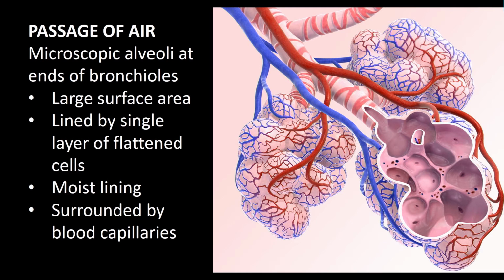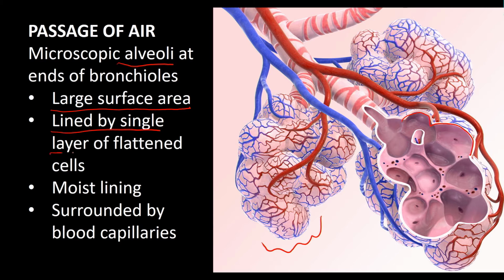Then the air ends up in these little things here, which look like a bunch of grapes. Those are the alveoli at the end of the bronchioles. And the alveoli have got a folded surface so that it enlarges the surface area, remember, to absorb more oxygen so that the oxygen can diffuse through quickly.